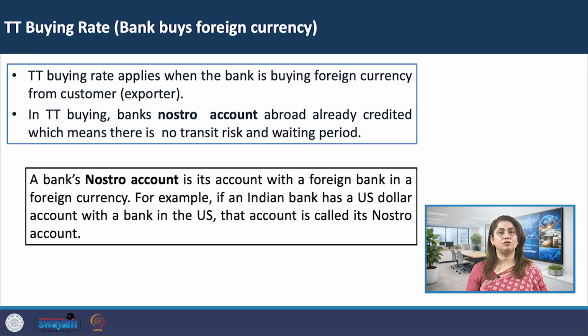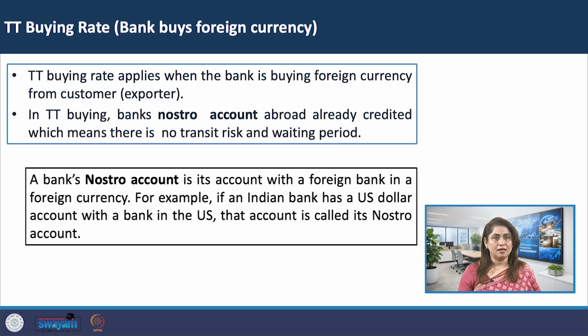Now, let us look at TT buying rates. This is when the bank is buying foreign currency from the customer. Now, here who is the customer? It is typically an exporter who has received US dollars from abroad and wants to convert them to Indian rupees. Now, when does the TT buying rate apply?